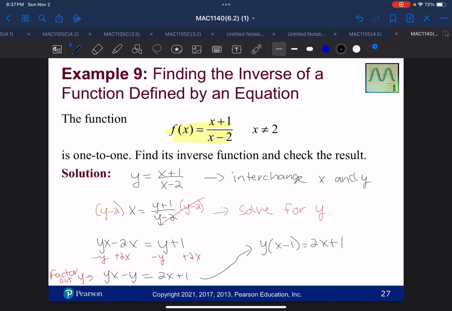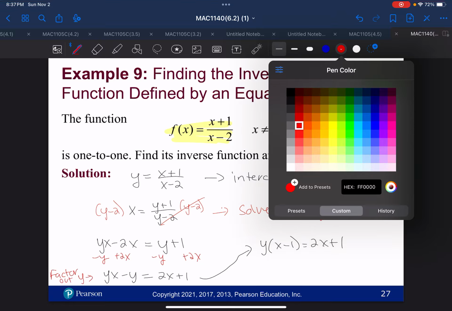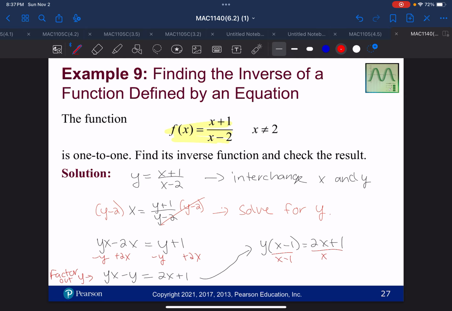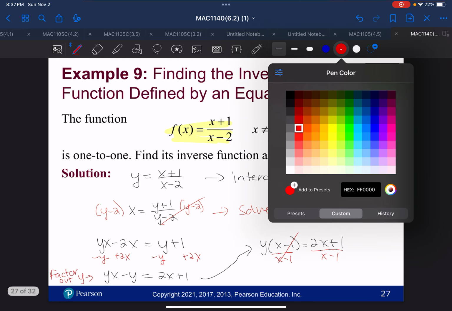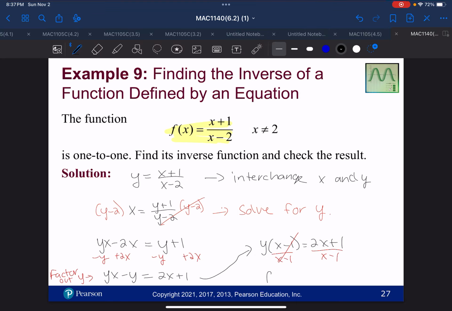And then I can divide both sides by x minus 1. Cancel that. So the inverse function is equal to 2x plus 1 over x minus 1. Given that x cannot equal 1, and the original one, x could not equal 2. Sorry, could not equal 1.